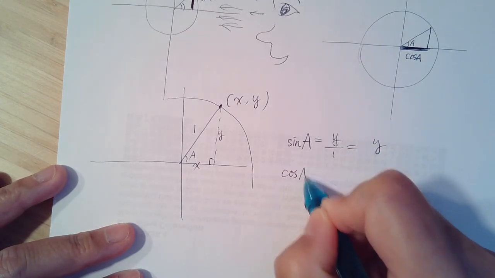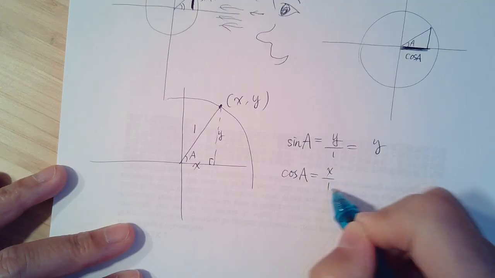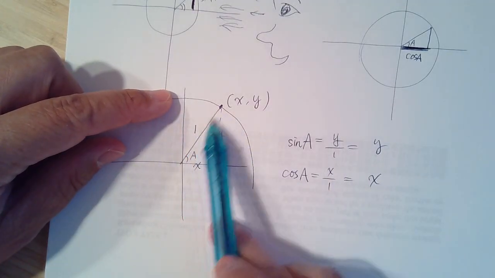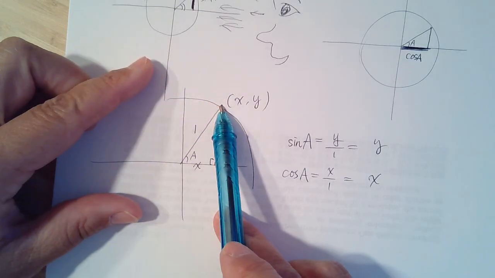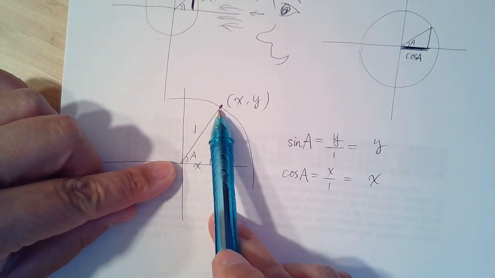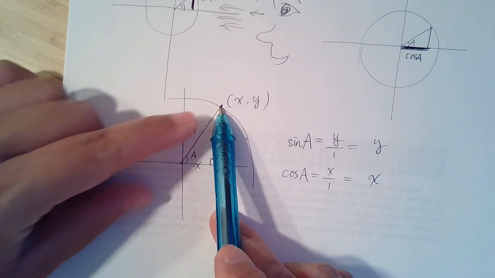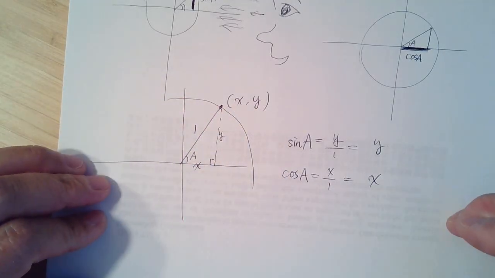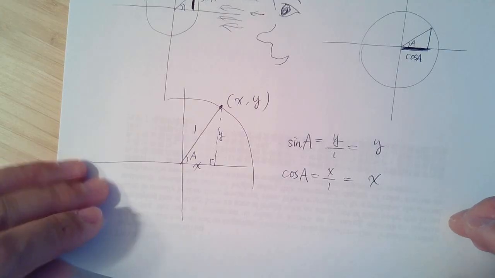Cosine A is x over 1, which is the x. So on the unit circle, for any angle you have, you just find where that angle intercepts the circle, and if you can find the coordinate here, then you can know what angle that is. This is the basic concept about that, okay?